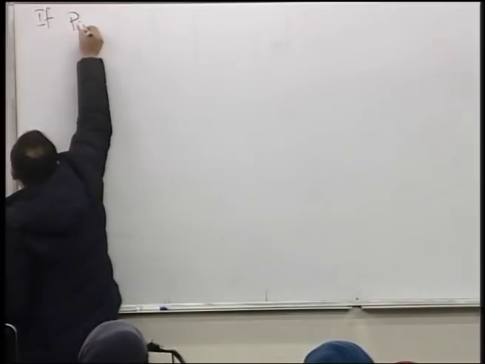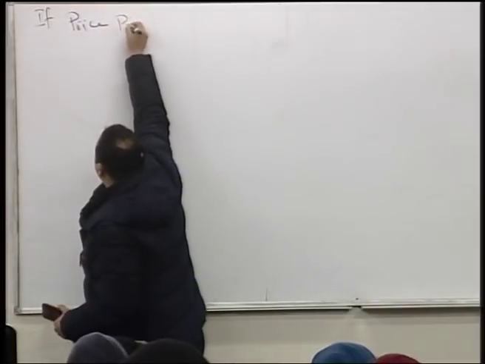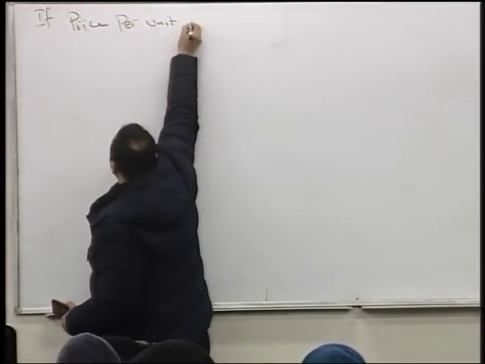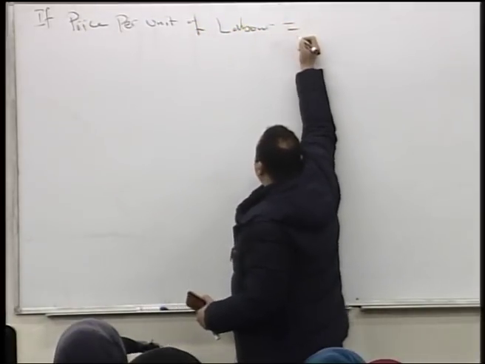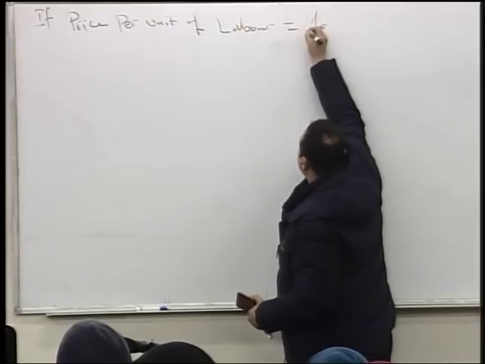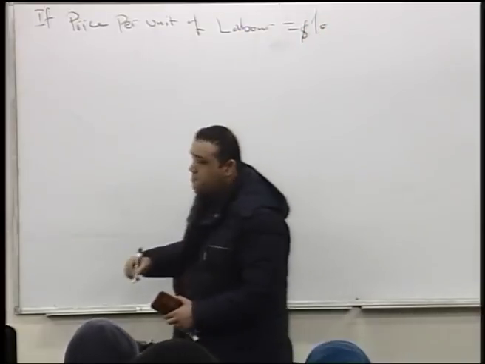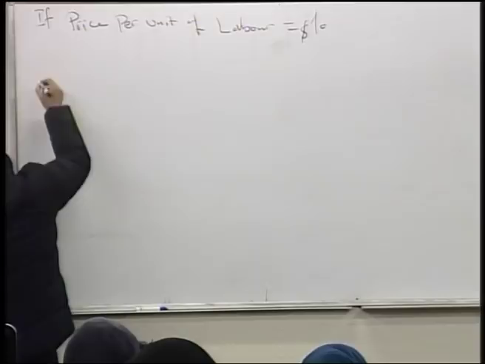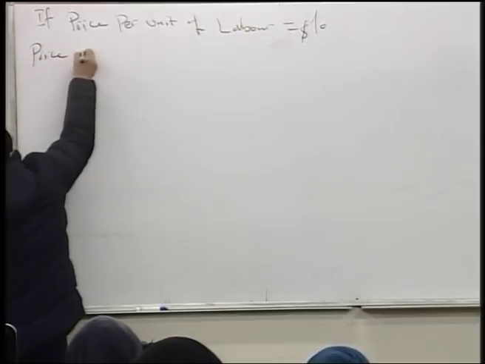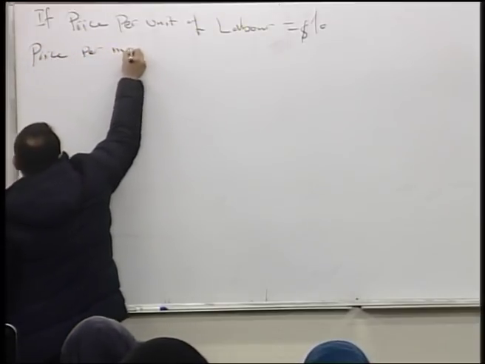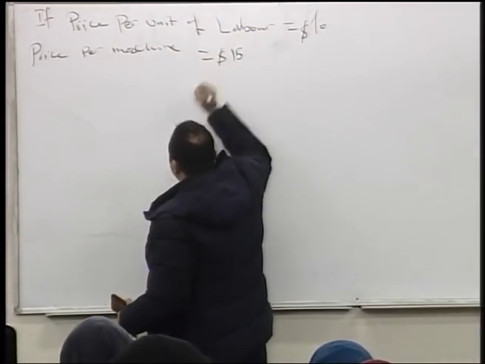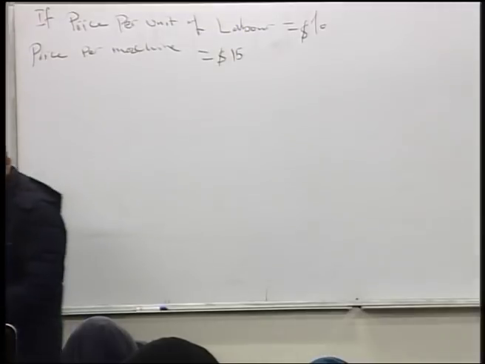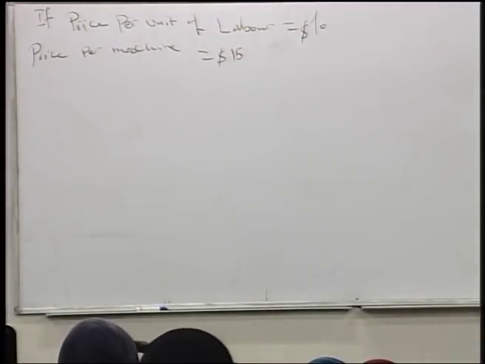We said the price per unit of labor, P_L, equals $10, and the price per unit of machines, or price per machine, equals $15. And we have the following data.